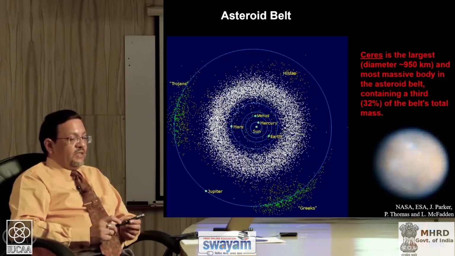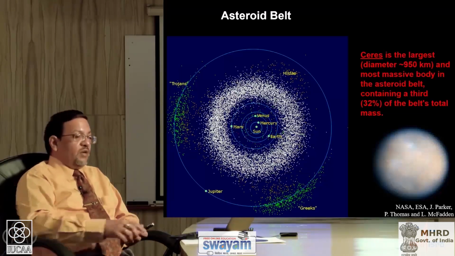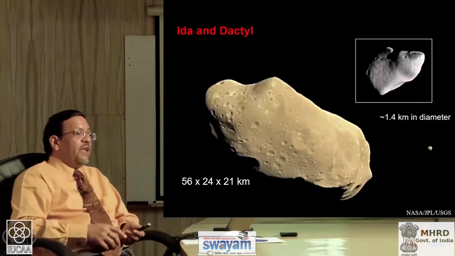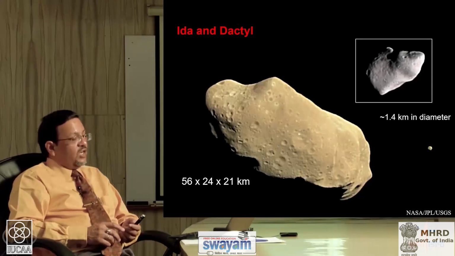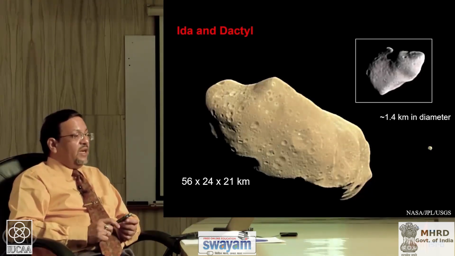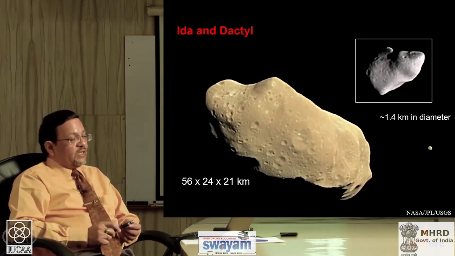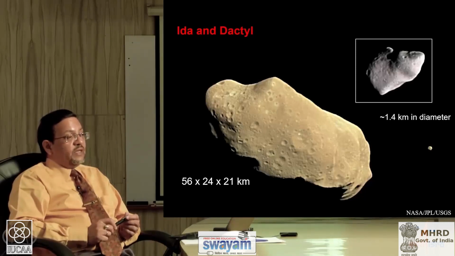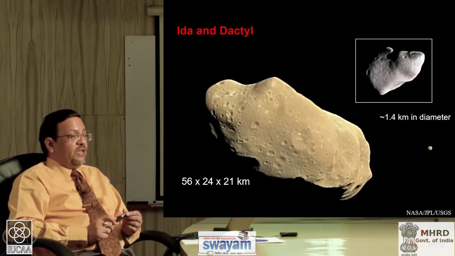Ceres of course looks somewhat circular, but still it is not perfectly circular, and one can have asteroids of varying dimensions and shapes. For example, Ida and this asteroid also can have their own satellites. Here you see Ida having a satellite called Dactyl.